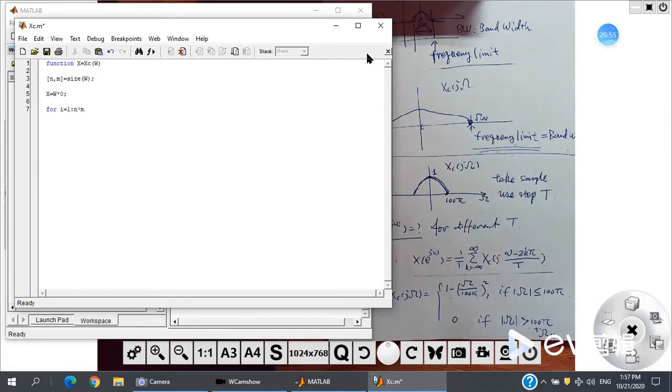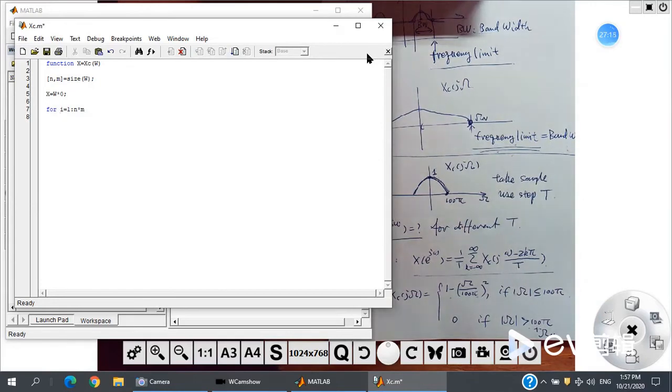N and M will be the size of W. Maybe it is a column vector, maybe a row vector. Like 10 elements should be 1 times 10 in size, or 10 times 1. Now I multiply them together, so this gives me the whole number of values in omega.